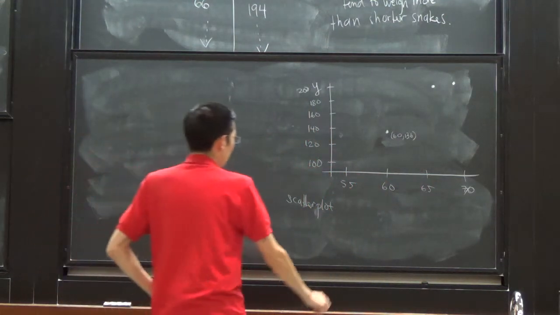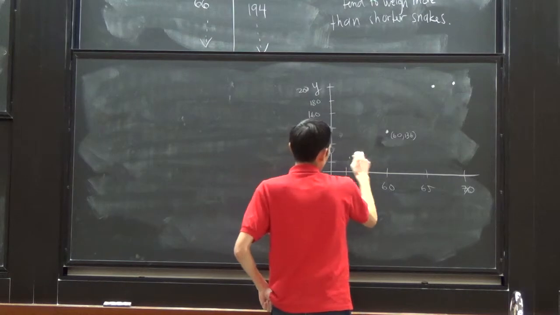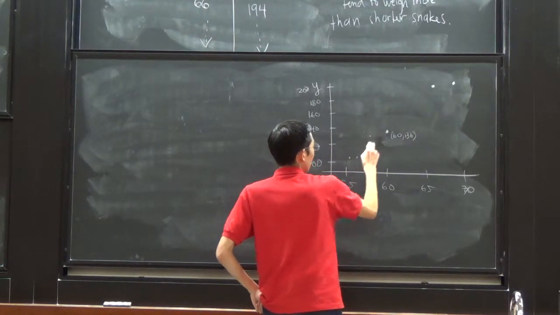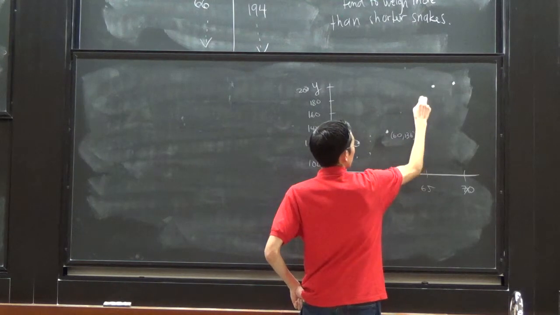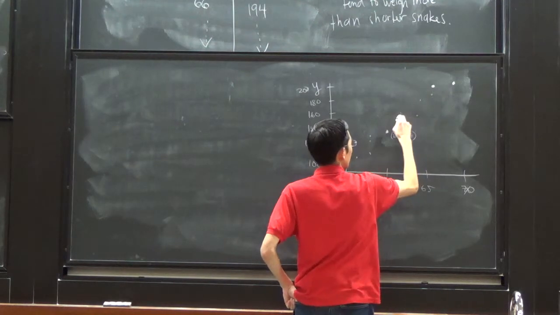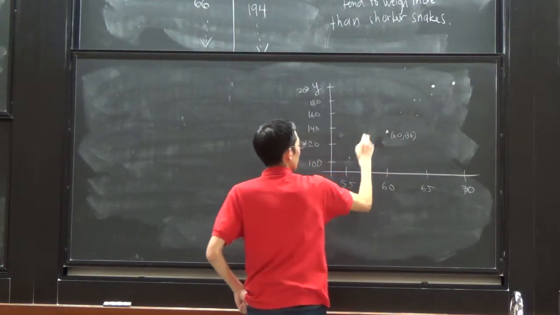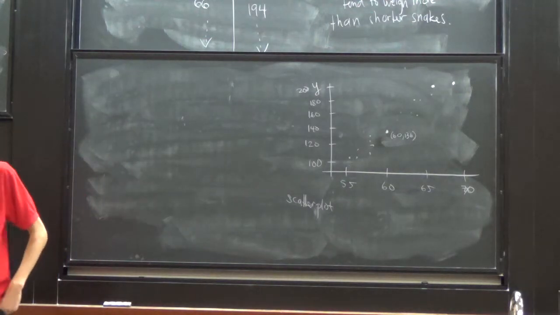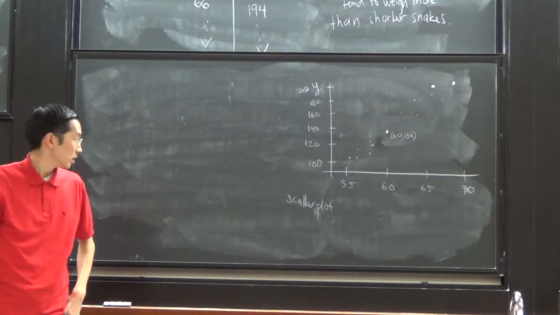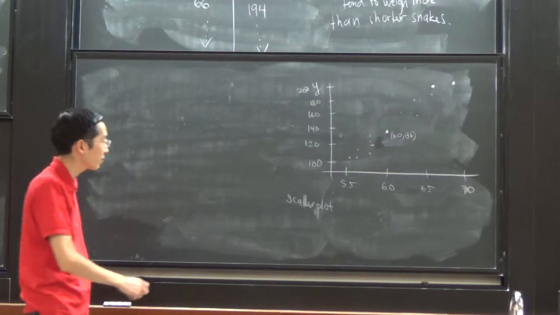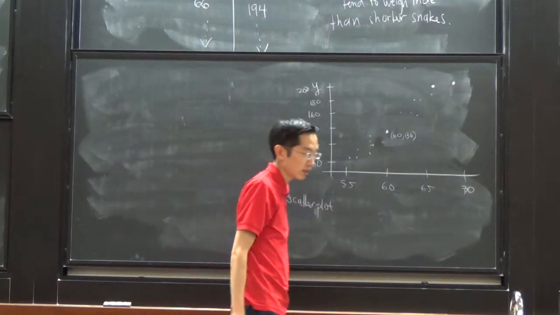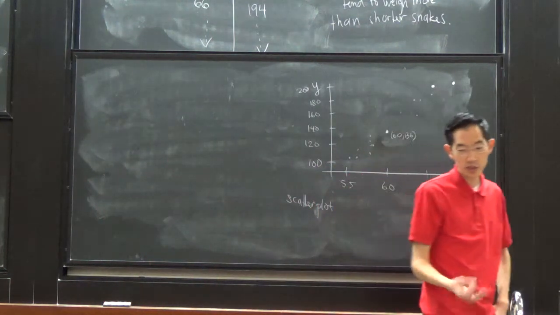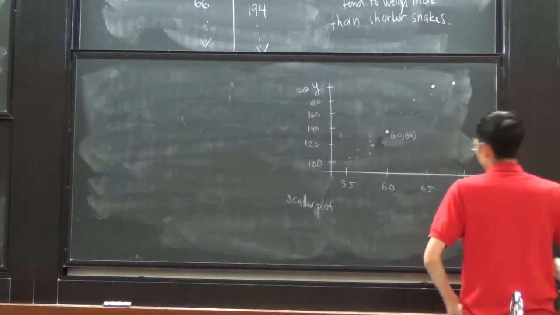And as we gather more data, we might see different snakes kind of like that. And we may try to fit a line to describe the overall relationship.